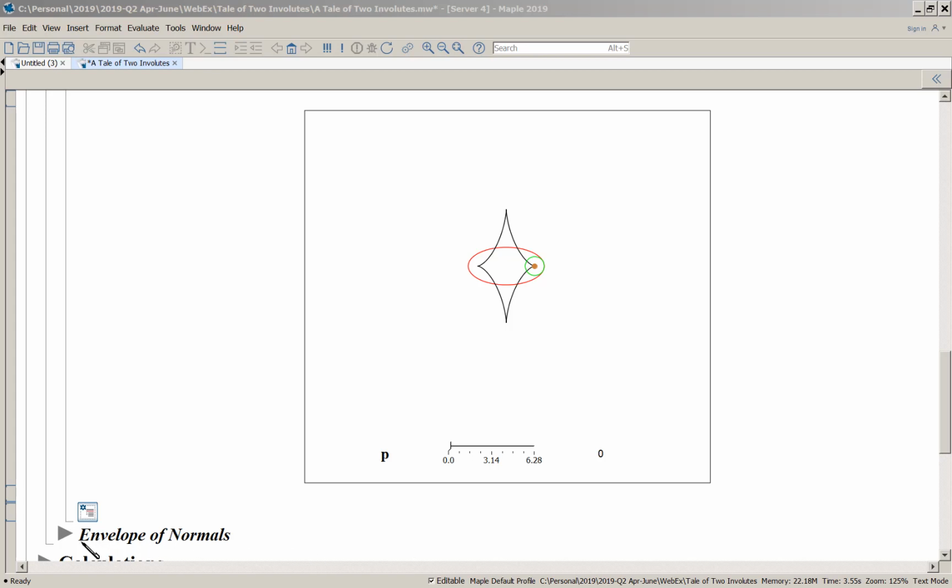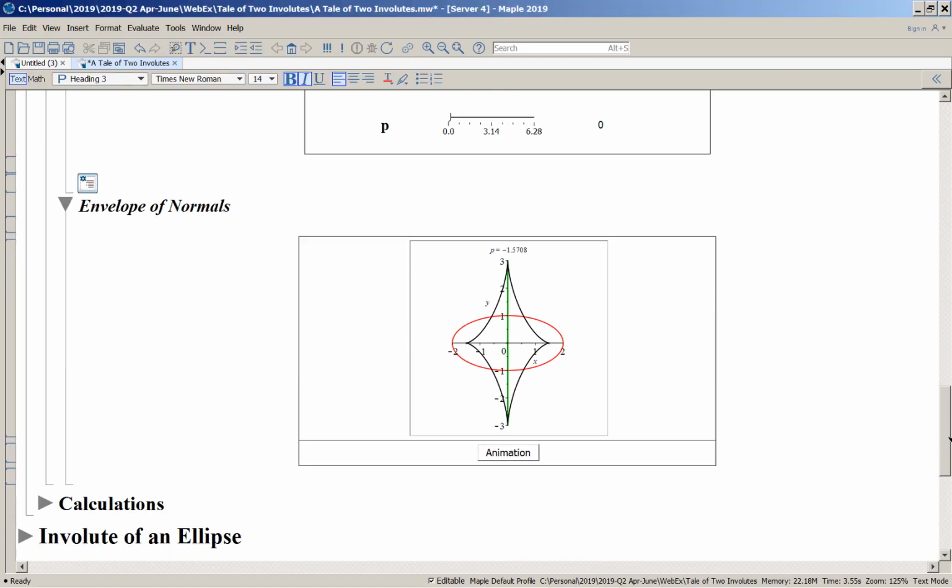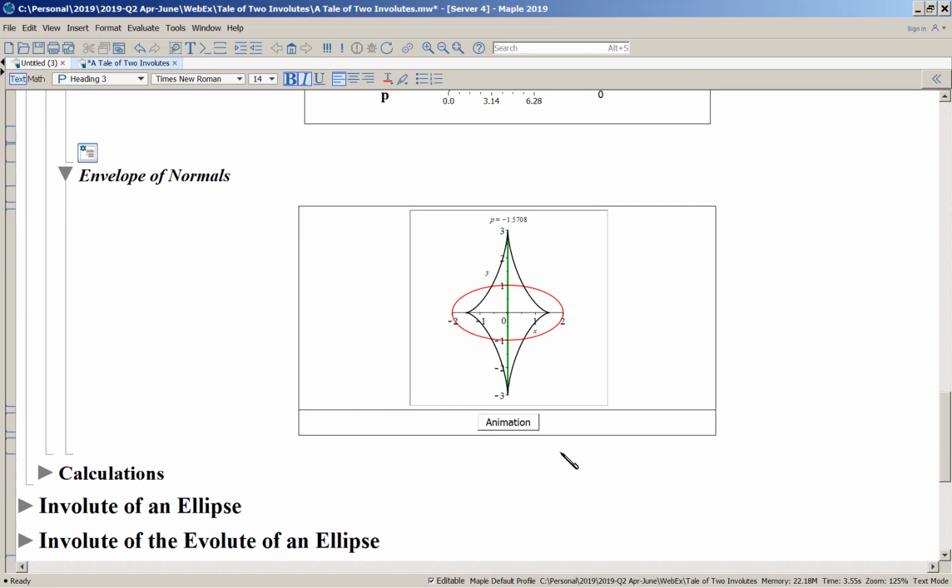Now, what do we mean by this envelope of the normals? So again, let's use a picture to do that. This is an animation. Here is the slider that controls the animation. The green line is along a principal normal.